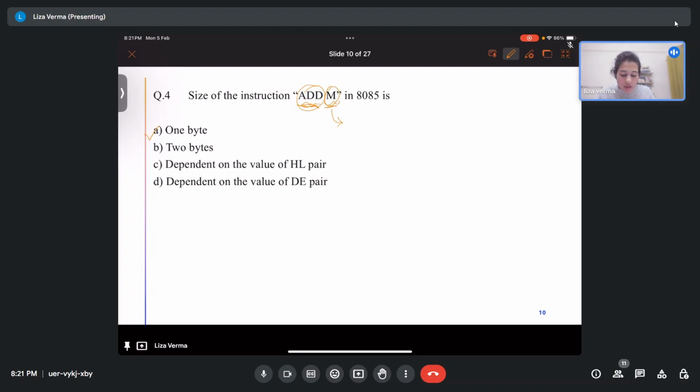M is only referring to the HL pair, where the address of the location from where the data is to be retrieved is stored. So it cannot be 2 bytes. Is it clear now?